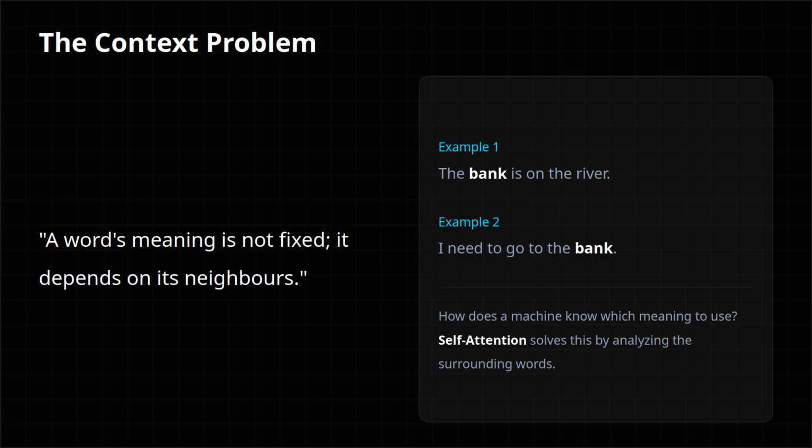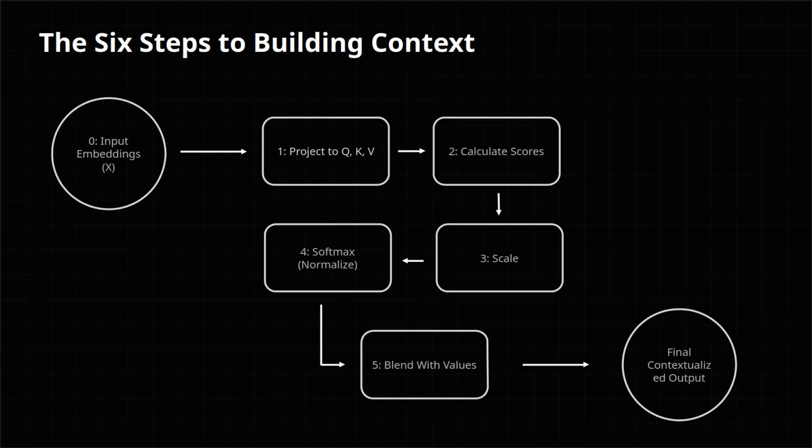Here is the big picture of what self-attention will do to our sentence. We start with input embeddings, which are just number vectors for each word. Then we project those vectors into three roles called query, key, and value. Next, we compare every query with every key to get similarity scores.